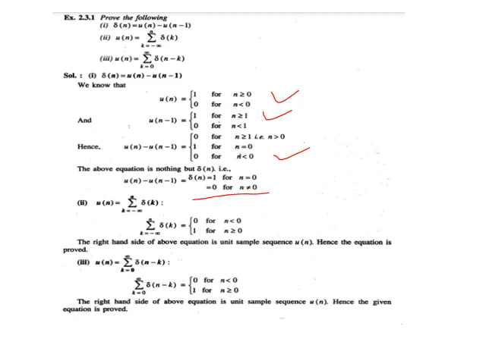Then del of n equals summation del of k, k varies from minus infinity to n, where del of k is defined for n less than 0 and n greater than 0, and summation of all this. And the last one is u of n equals summation k varies from 0 to infinity of del of n minus k. So we will get this one.